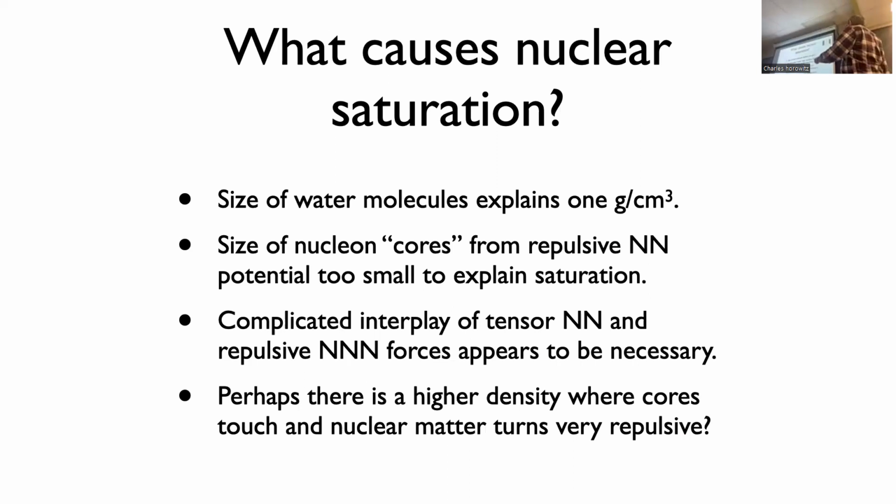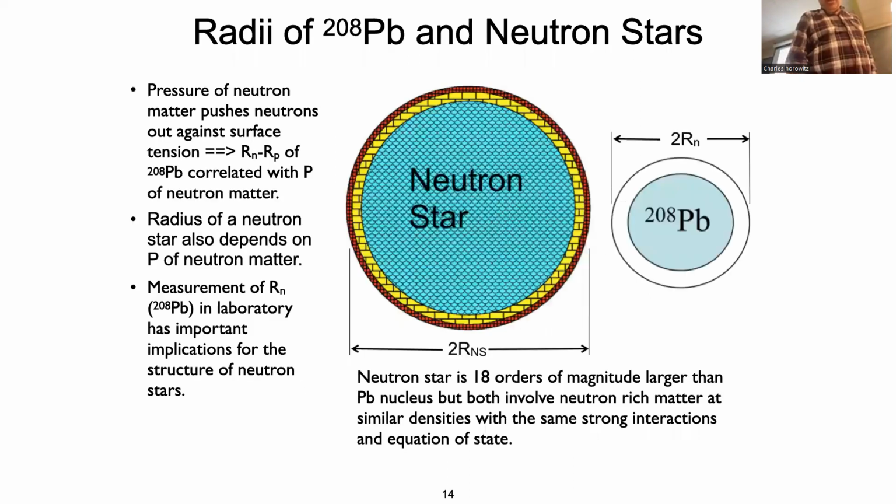And if you like, the cores may be the reason we can support 2 solar mass neutron stars. We observe very massive neutron stars, and they're held up against gravity, and maybe it's these strong repulsive cores that are holding them up. But I'm getting ahead of myself. Let's go from lead to neutron stars.